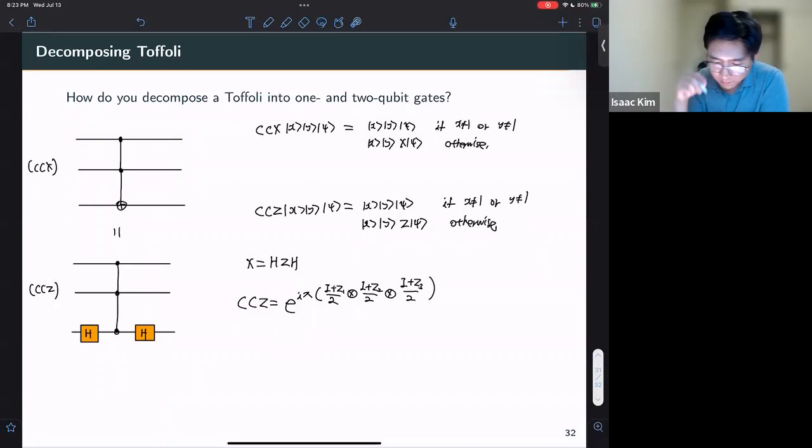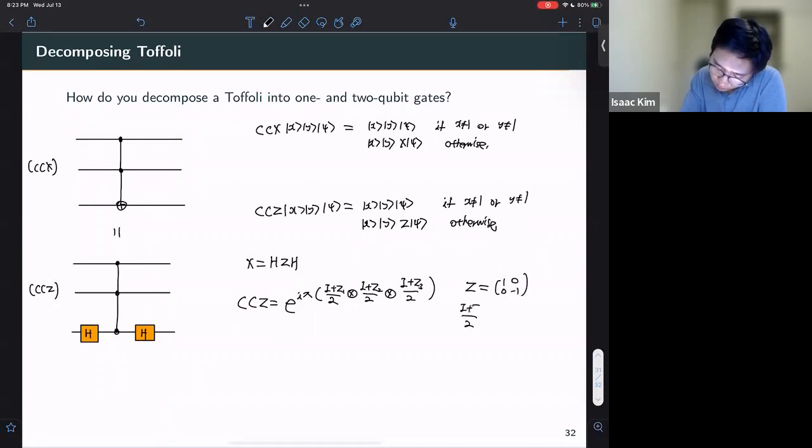So why is this? Let me remind you that Z is 1, 0, 0, minus 1. So I plus Z... sorry, I think there should be a minus sign here. So I minus Z divided by 2 is simply 0, 0, 0, 1.